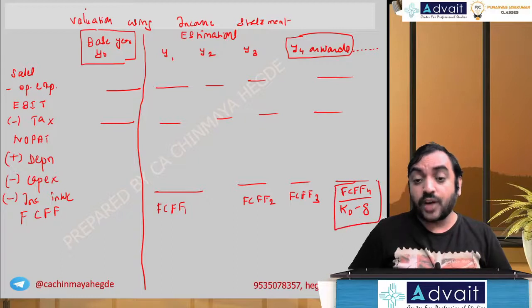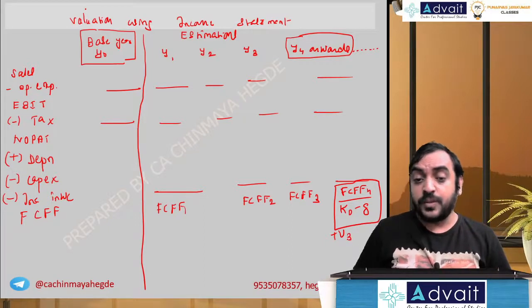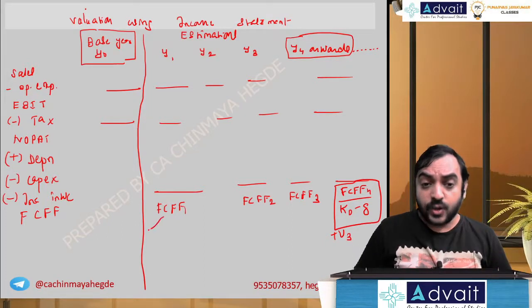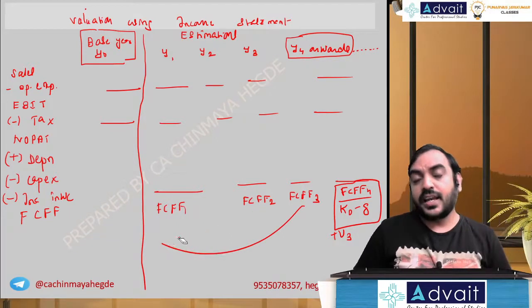This will give you the terminal value, at the end of the 3rd year, since I'm using the 4th year cash flow. Then all these I bring to present value. That's how I get the value of the firm.